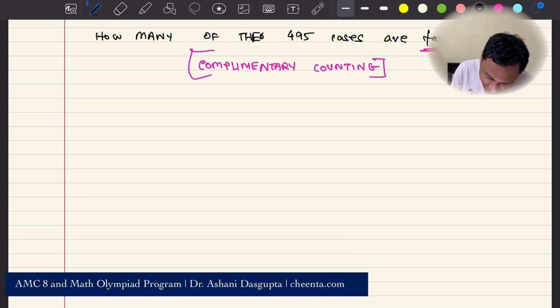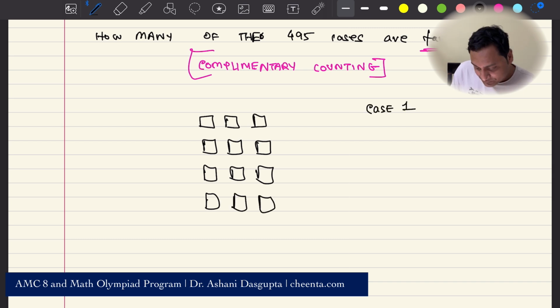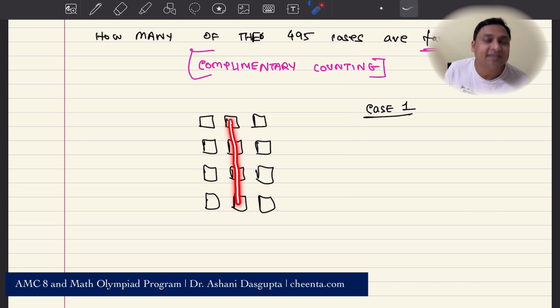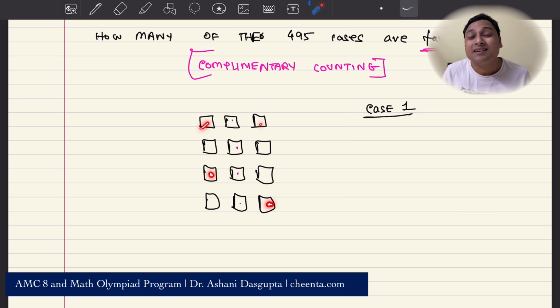So let me draw this picture one more time and I immediately will see what I mean. So I have these 12 seats like this. So let's take the case 1. Case 1 is all the middle seats are taken. If all the middle seats are taken, no matter how you put the remaining 4 people, doesn't matter, you will not have 2 adjacent seats if all middle seats are taken.